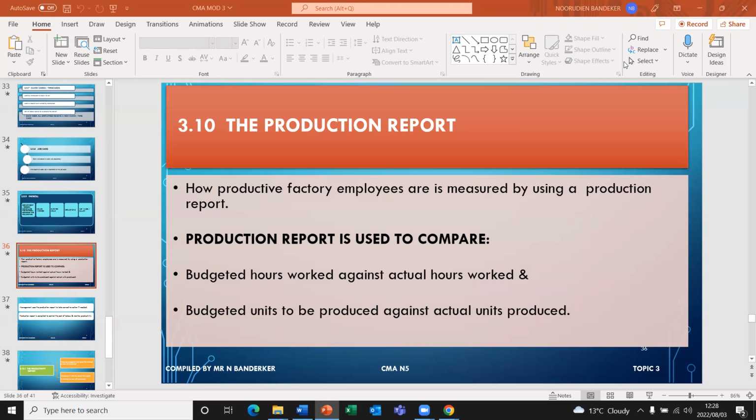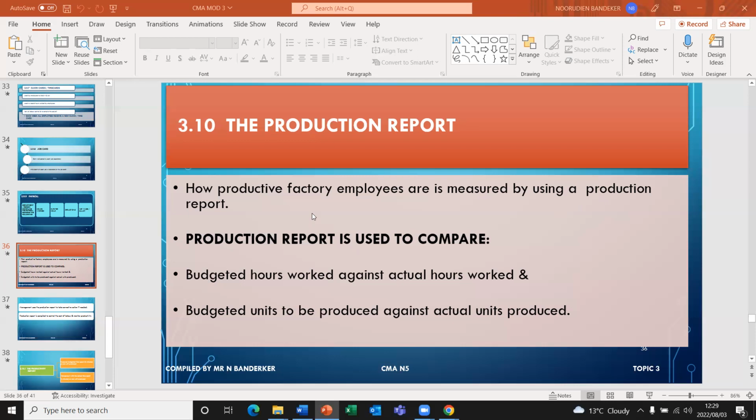It needs to have the production report, it needs to have the productivity report, and it also needs a conclusion. Now, the conclusion will be different from one to the other depending on the labor hours worked and the production units completed. Now, how productive employees are is measured by, like I said, using a production report.